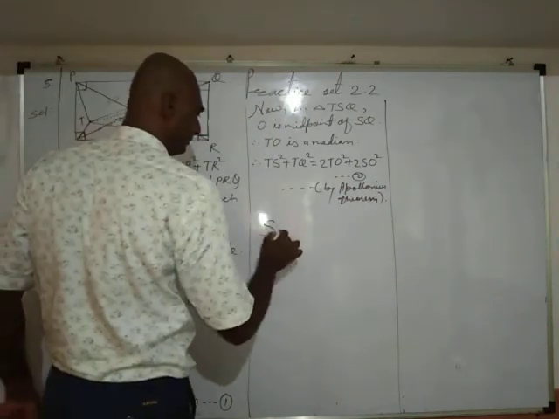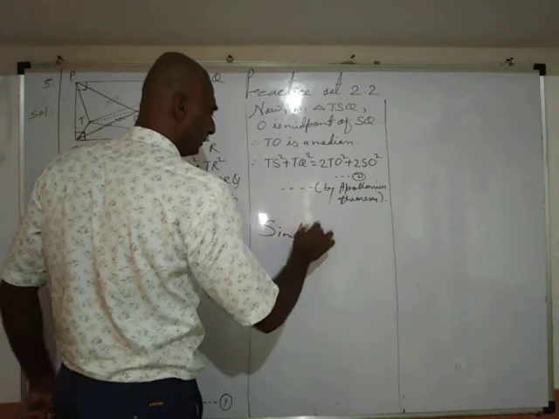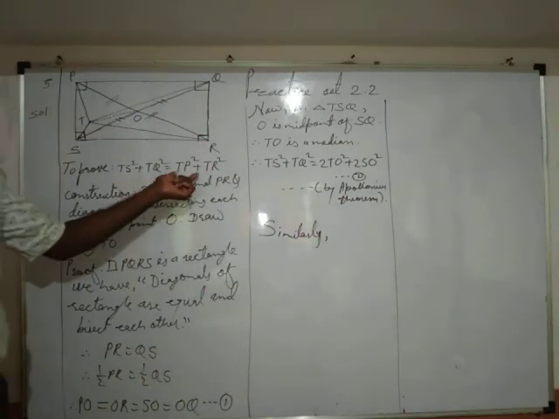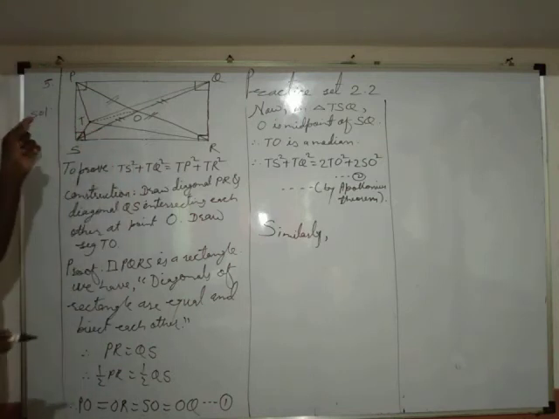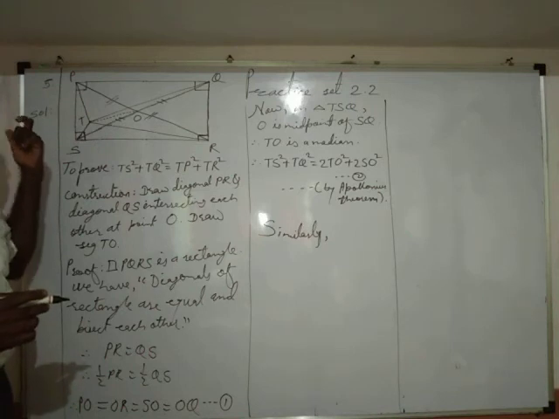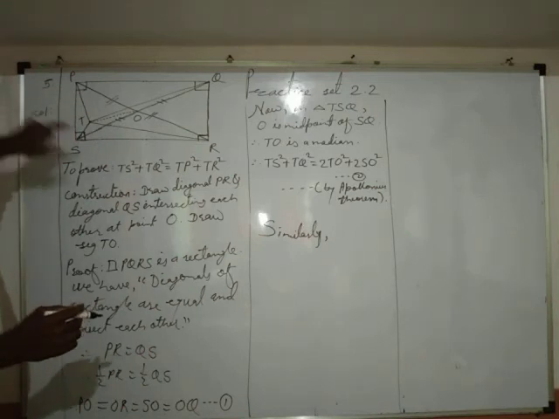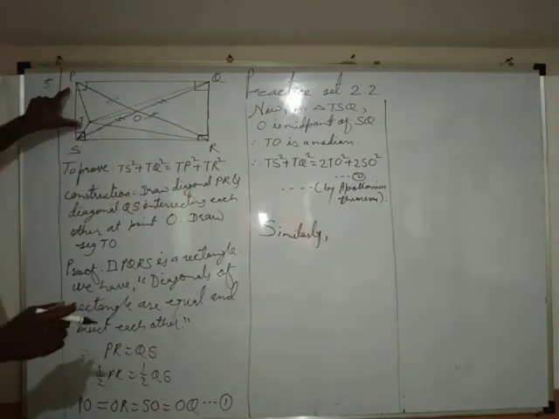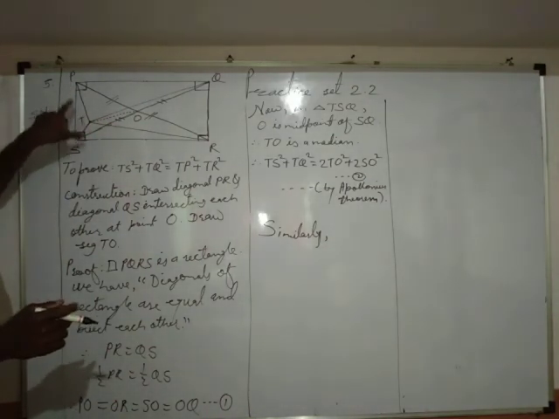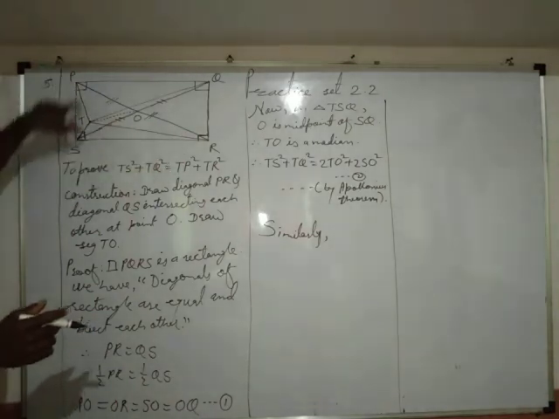Similarly, let's consider a triangle which contains TP and TR as sides and must have TO as a median. TP and TR are sides of triangle TPR.